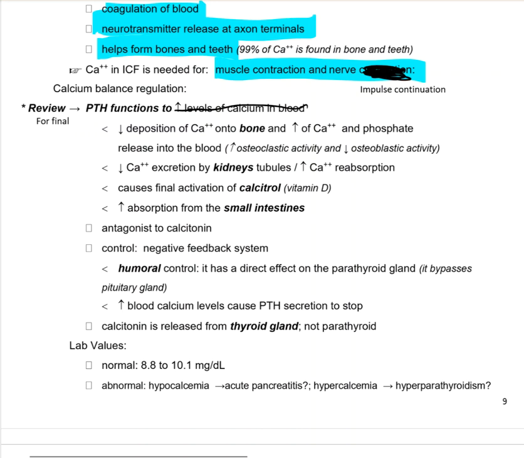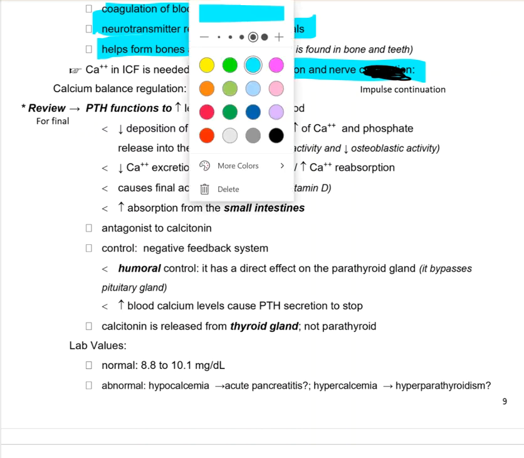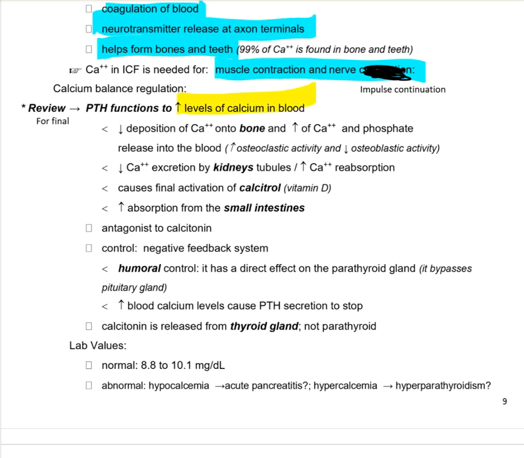But you probably remember that we use bone, kidneys, and small intestines to have different things occurring in each one of those, and also it is going to help activate vitamin D. So review what the functions of PTH are and how it works with calcium balance.